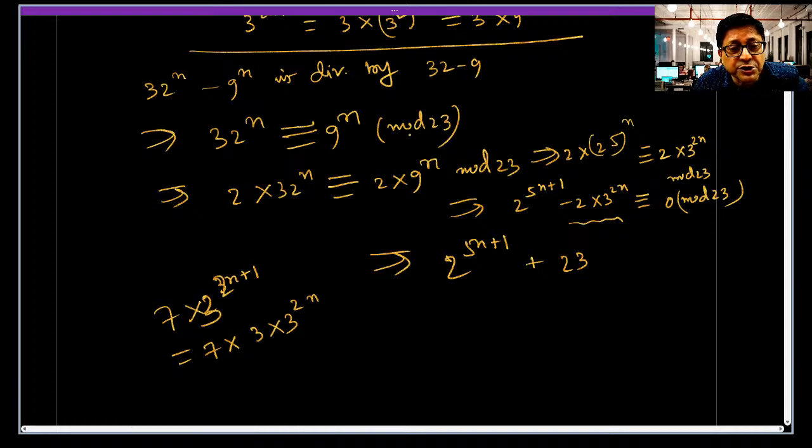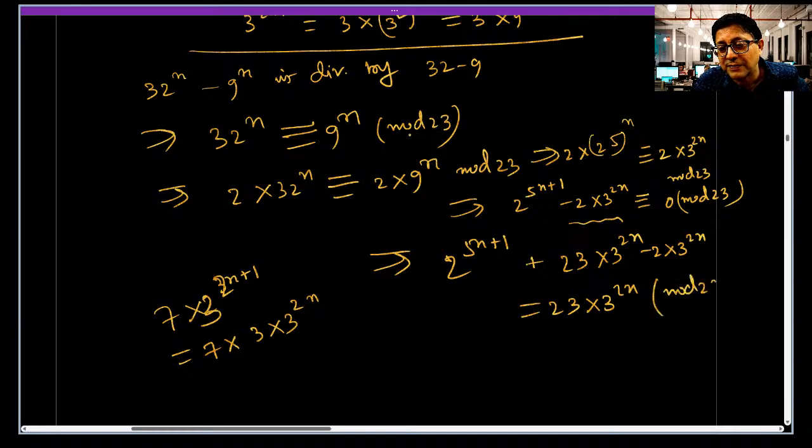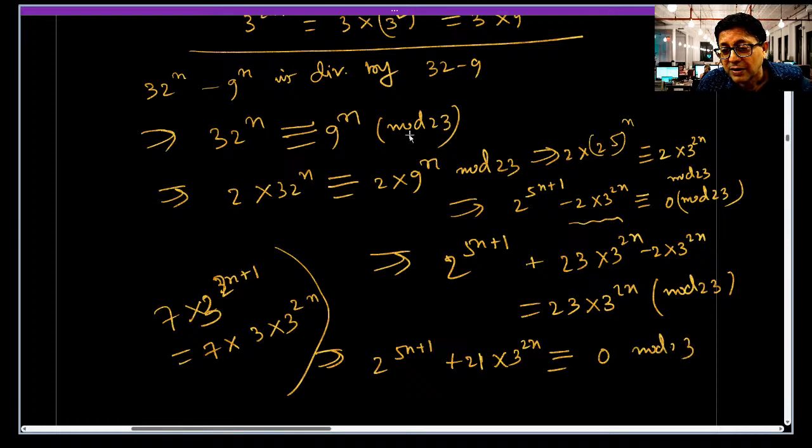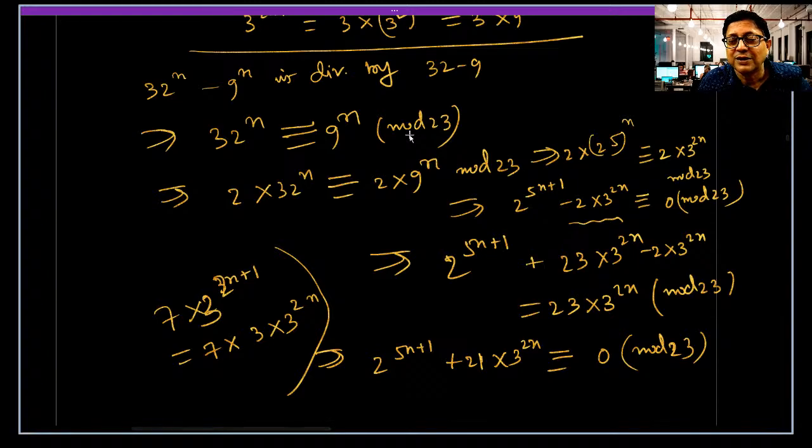So we add 23 into 3 to the power 2n on both sides. 23 into 3 to the power 2n we have added on both sides. So this implies what? 23 minus 2 is 21. And 23 into 3 to the power 2n is divisible by 23, that is 0 mod 23.